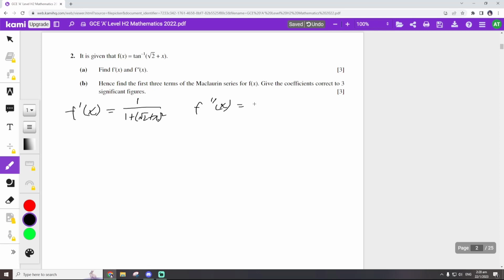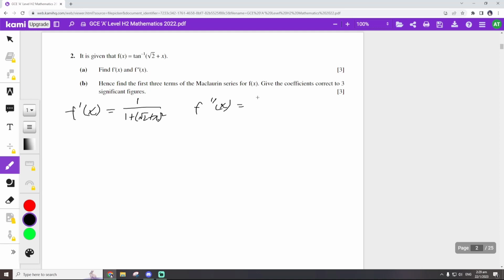That's it. Then for the second derivative, it's a chain rule application, so this is a minus 1 power. So you bring down the minus, you get negative 2 on the bottom, and then you need to differentiate the actual expression on the inside, which will give you just the 2 root 2 plus x. Yep.